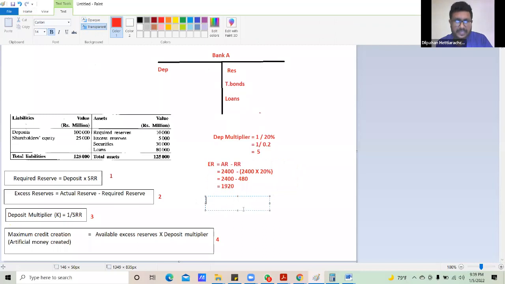1920. This is the value that this banking system can use to multiply and create more and more loans. Then I use the last equation: maximum credit creation equals excess reserves into deposit multiplier.